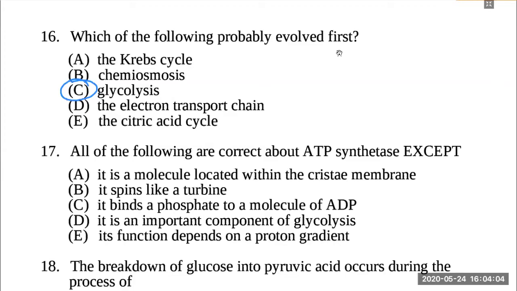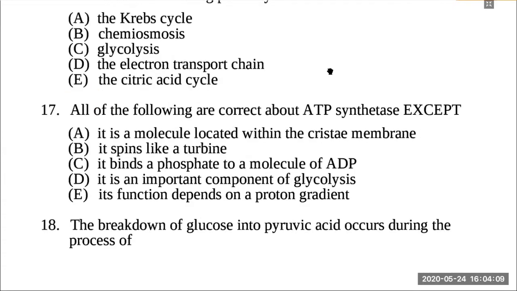Okay, let us move to question number 17. All of the following are correct about ATP synthase except. So let us know what ATP synthase is. As I mentioned, it's a protein, or an enzyme, found in the inner membrane of mitochondria.